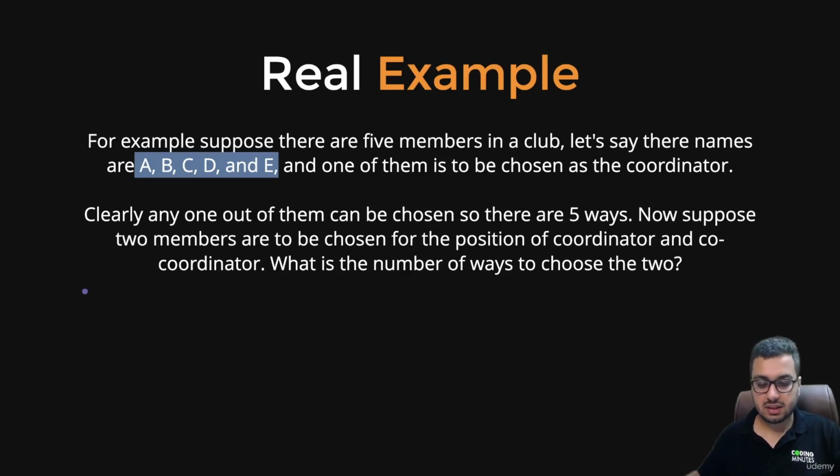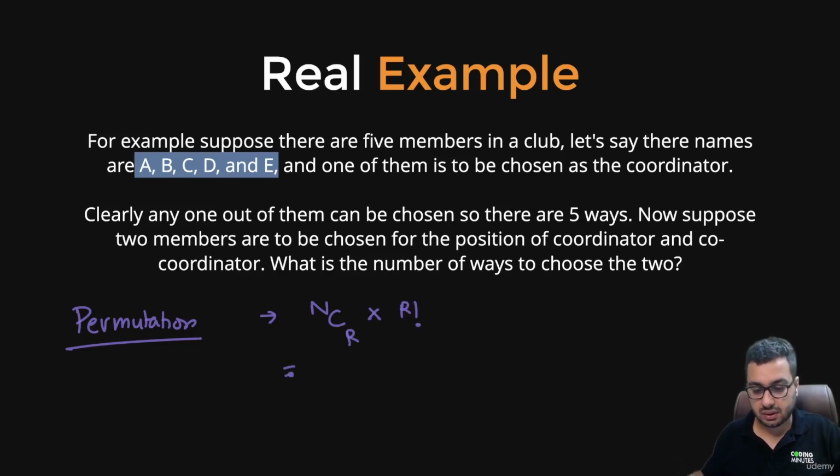In this case, what we essentially computed is known as a permutation. Permutation is derived from combination by multiplying with the number of arrangements, that is r factorial. So it is n factorial divided by (n minus r) factorial into r factorial.